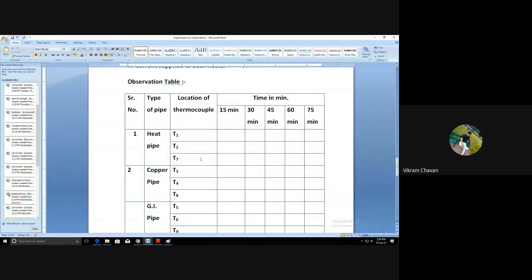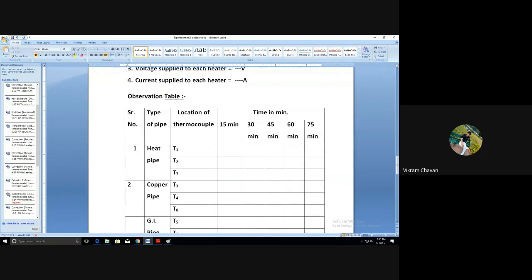Okay. Nice. Have you plotted this table? Then I will stop the presentation from here and I will present from the HT Lab.